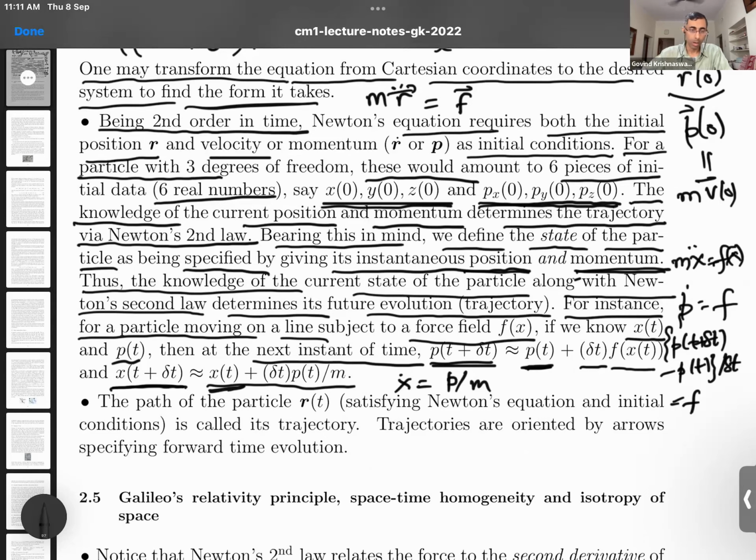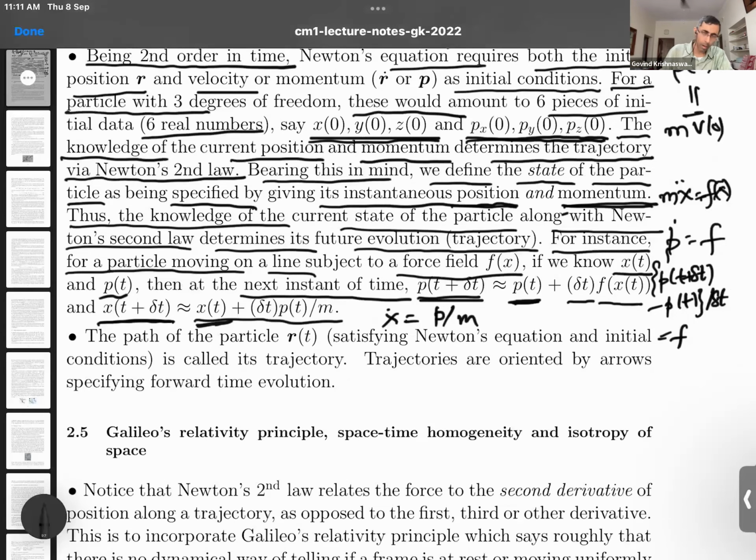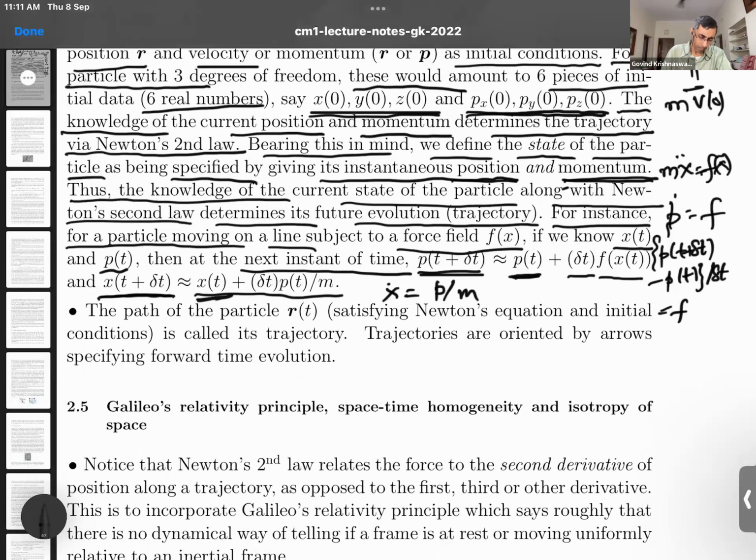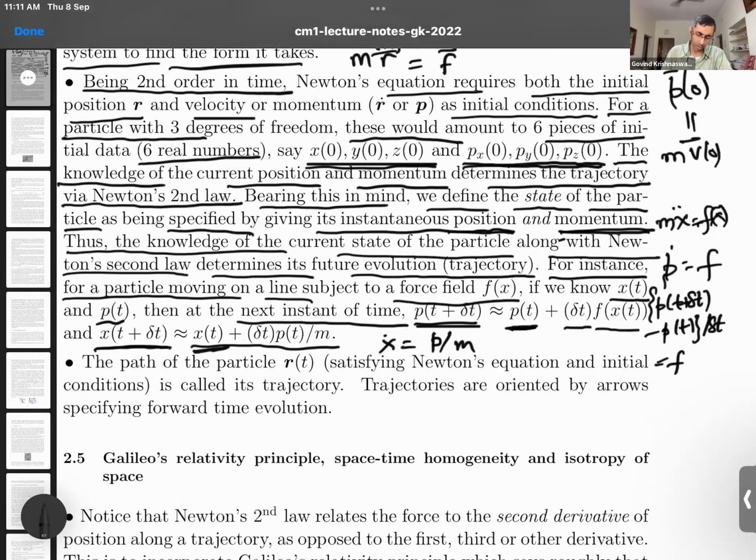Okay, very good. Then I have used this term many times before. The path of the particle r of t satisfying Newton's equation and initial conditions is called its trajectory. So this is what we mean by the trajectory. It is the path of the particle known as a function of time. So regarding Ryan's question, you need to know where it is at each instant of time.